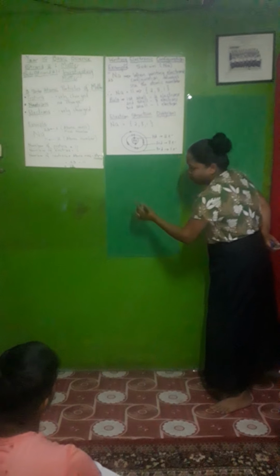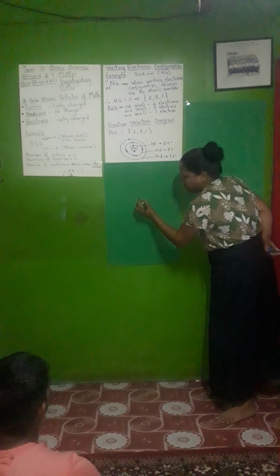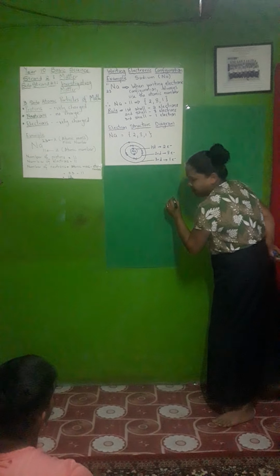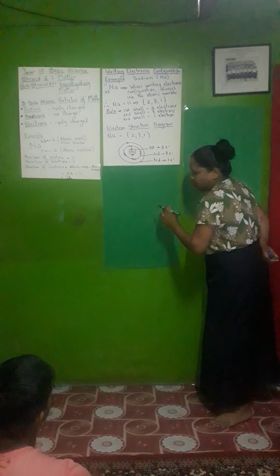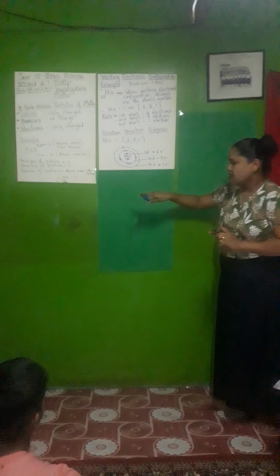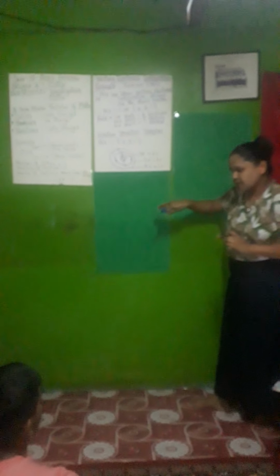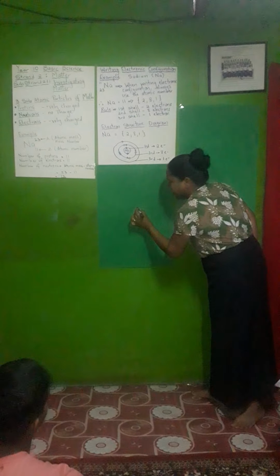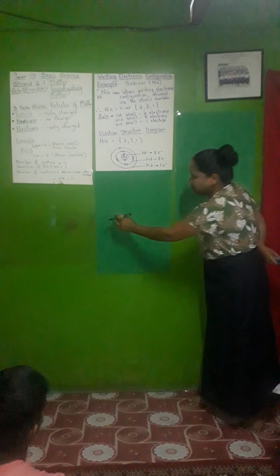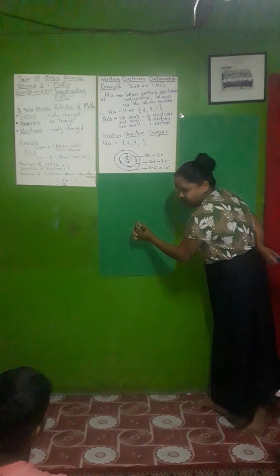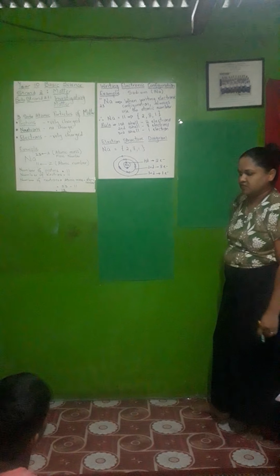So the number of protons in sodium is equal to 11. When we say sodium has 11 protons, that means the number of protons is equal to the number of electrons. So protons equal electrons. If sodium has 11 protons, that means it also has 11 electrons.